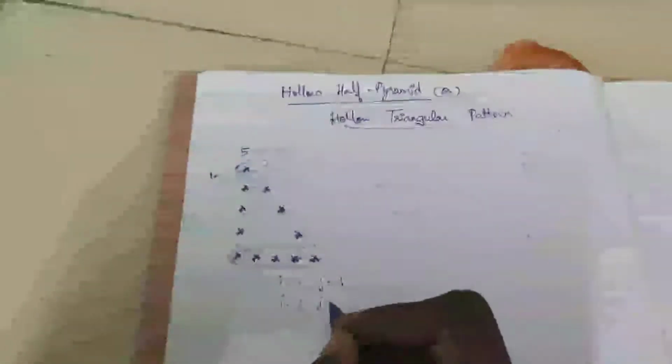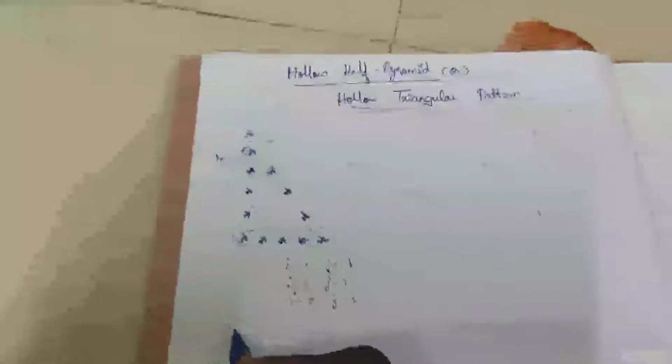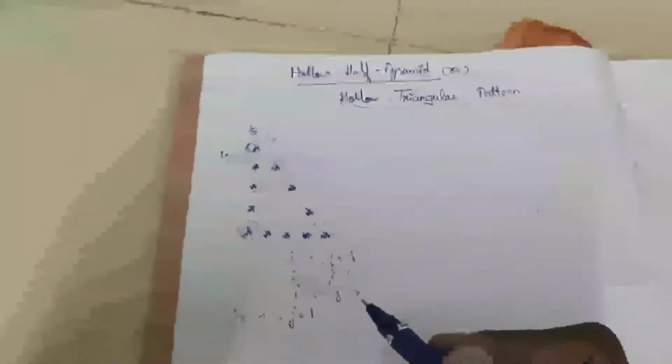In the second row, I equal to 2, j equal to 1, star is present. I equal to 2, j equal to 2, star is present. Let me look at a random example. If I equal to 4, j equal to 1, the star is present, but when I equal to 4, j equal to 2, no star is present, right? So here only space is present.